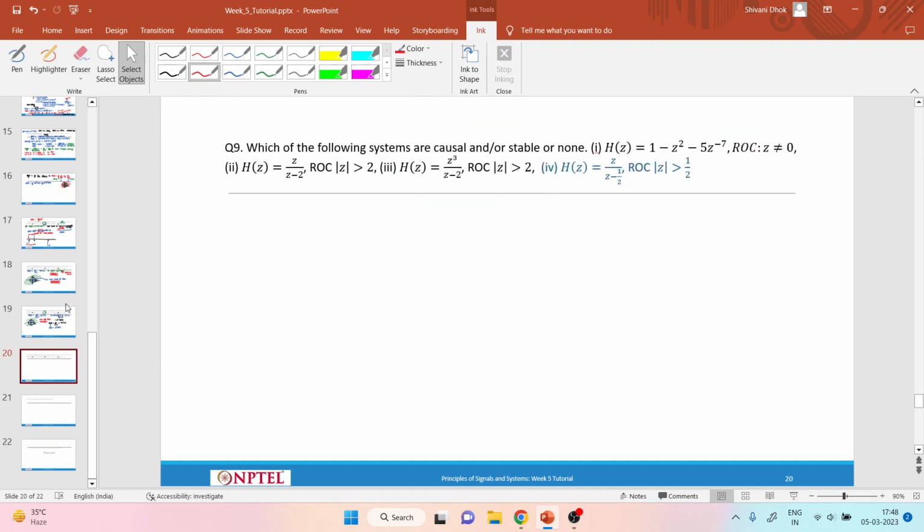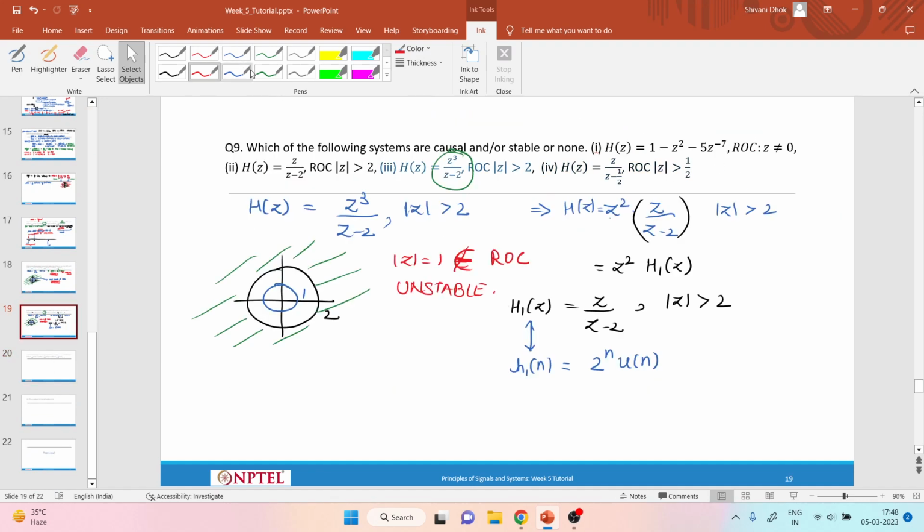So let's write it in terms of h1. My h1 of n has z transform h1 of z. If I shift h1 of n by a factor of n naught, this will give me z power minus n naught into h1 of z. Now compare this and this.